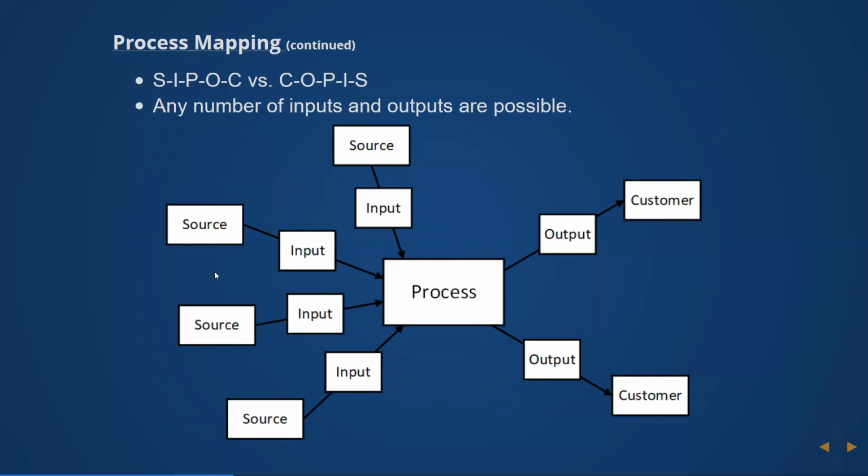You can also turn this around and work backwards from what the customer needs, what outputs you have to provide, what process you need to create or modify to generate those outputs, what inputs are needed, and where you're going to get them from.